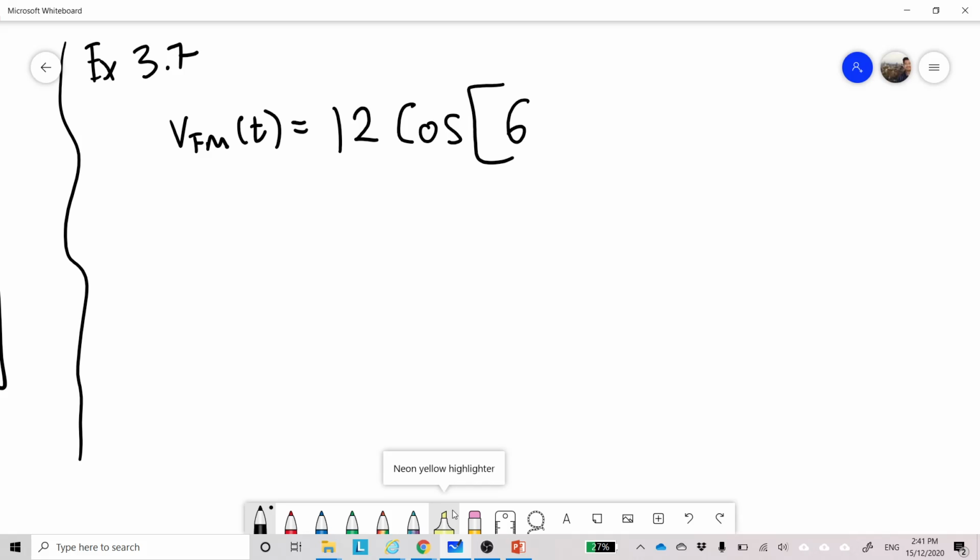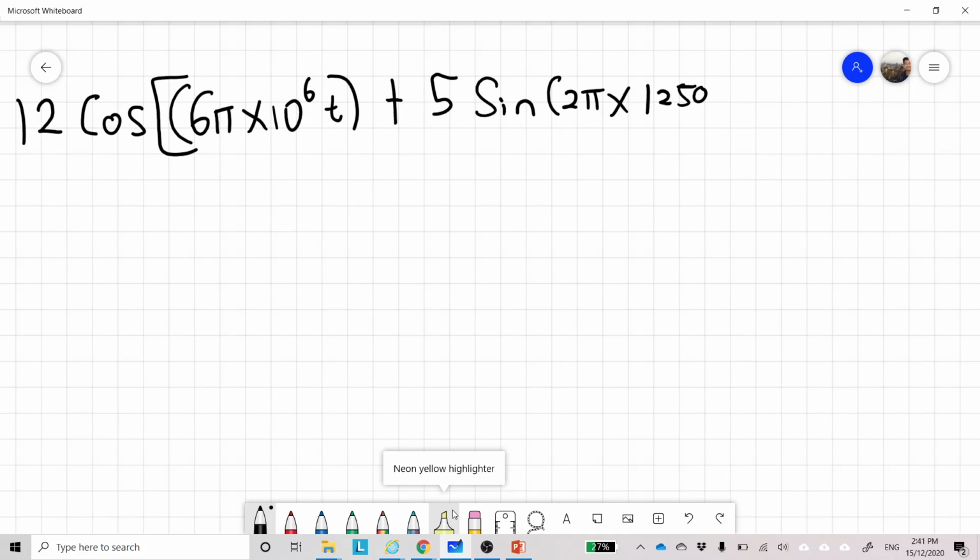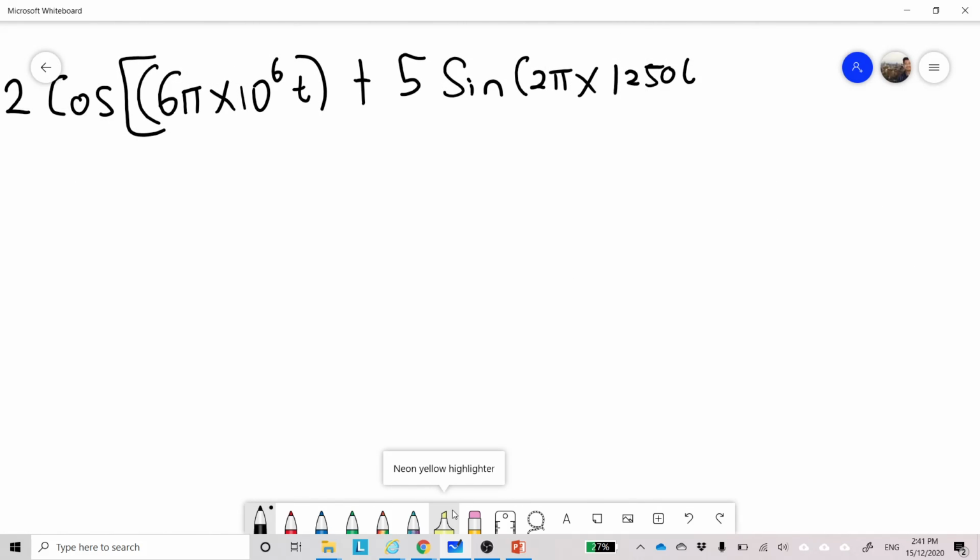So 6 pi times 10 power of 6 t, and then plus 5 sine 2 pi times 1250 t, and then close big bracket.